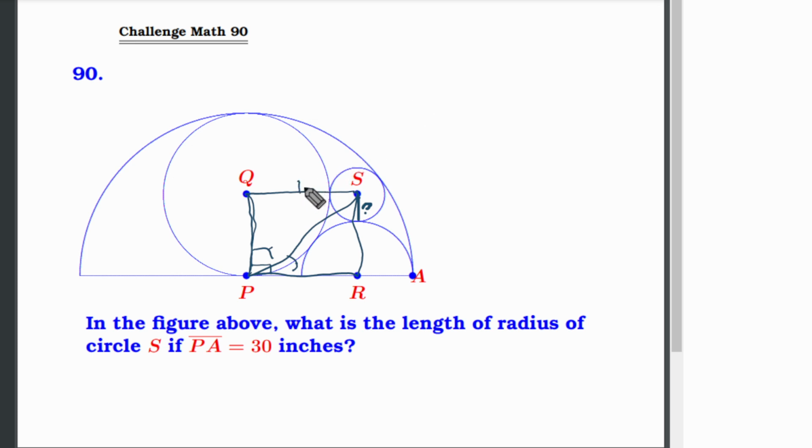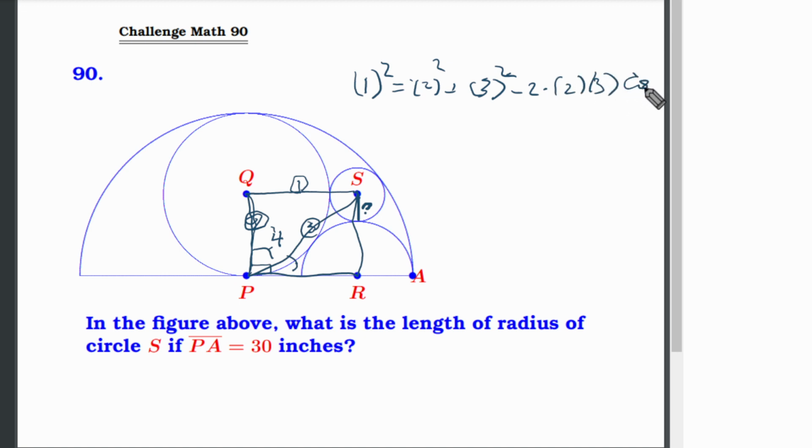Let's say this one is side 1, and side 2, and side 3, and the angle opposite side 1 is angle 4. Then side 1 squared equals side 2 squared plus side 3 squared minus 2 times side 2 and side 3 and the cosine of angle 4, right?